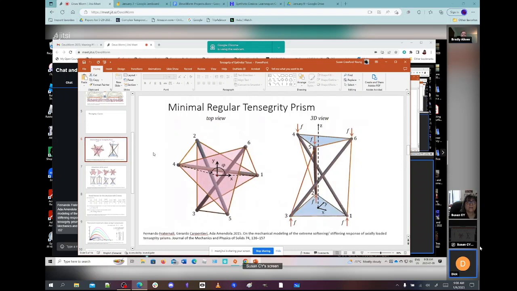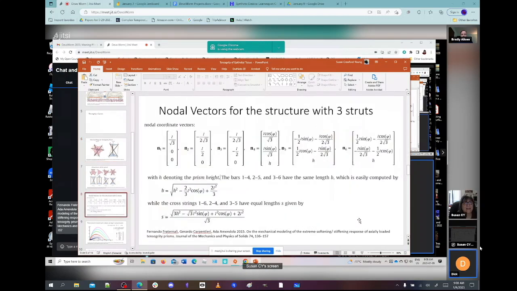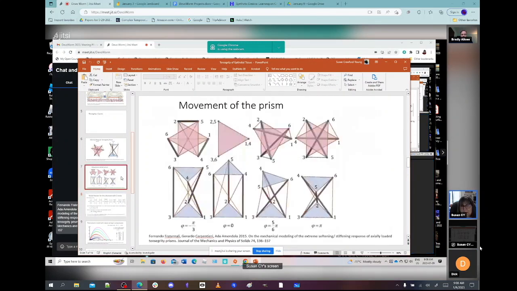Hey, Susan? Yeah? A small mathematical question. Has anyone proven that this is the minimal tensegrity structure? You can do 2D ones, so it's not the minimal. This is a minimal prism model.